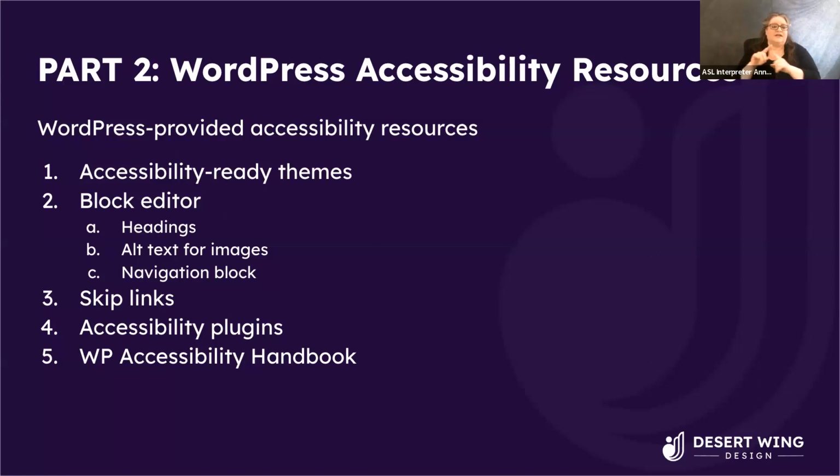And not to mention the paid ones available if you're looking for something really specific. You can also actually build your own accessible theme from scratch or from a starter theme. And WordPress provides guidelines on how to do that. So basically, using an accessible theme already gives us a great start.